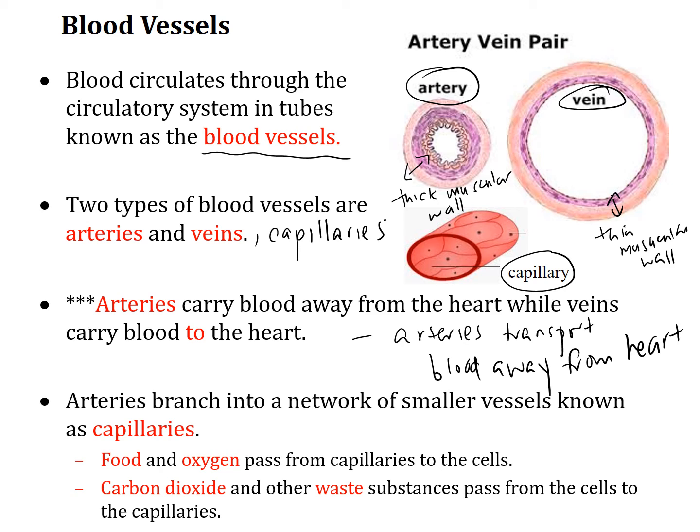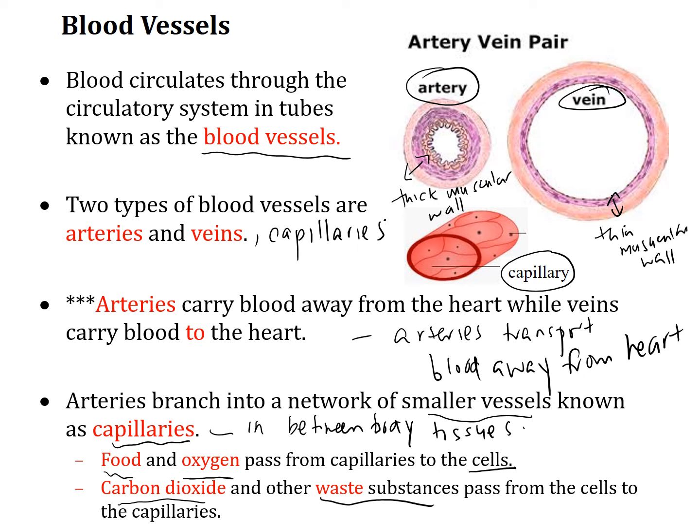And arteries will finally branch into smaller vessels called capillaries. So over here is the capillary, and the capillaries are found in between body tissues. And it is through the capillaries that you have the food and oxygen passing from the blood to the cells, and the carbon dioxide and other waste substances will pass from the cells to the capillaries to be transported back to the heart.